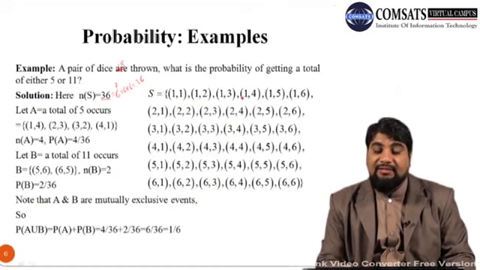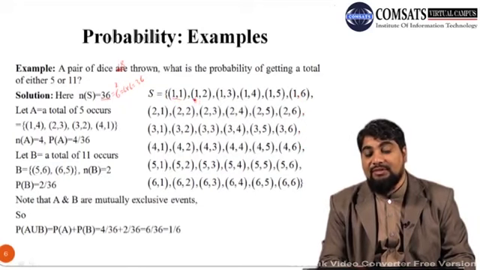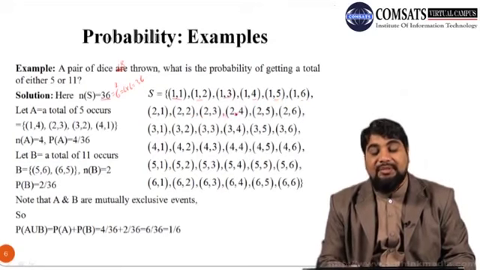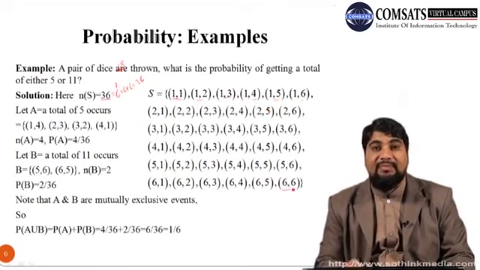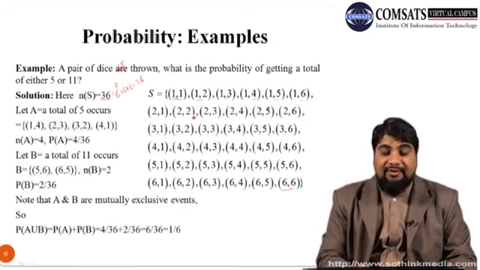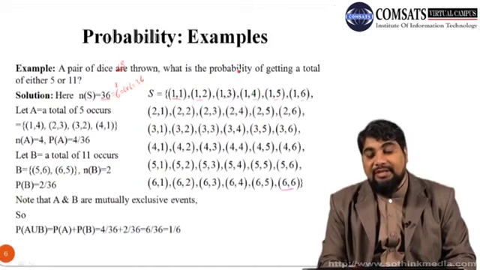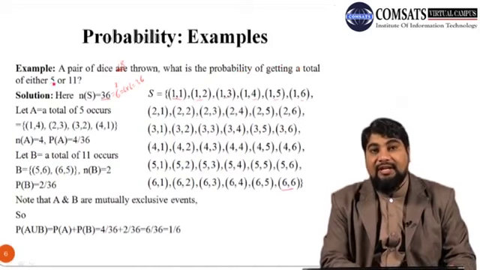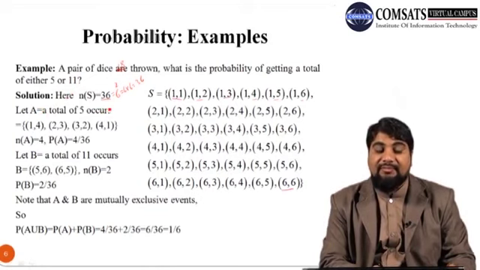And here is the total sample space: (1,1) where 1 occurs on both dice, (1,2), (1,3), (1,4), (1,5), (1,6), then (2,1), (2,2), then (3,1), and the last one is (6,6) where 6 occurs on both the dice. The question is, what is the probability of getting a total of either 5 or 11? Let us define an event A that a total of 5 occurs.